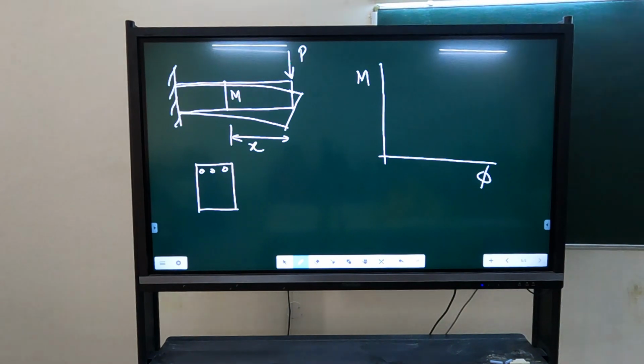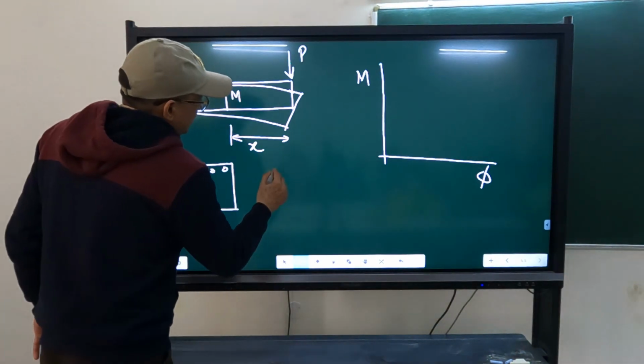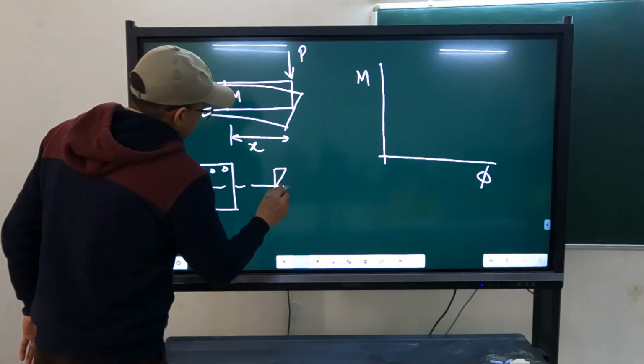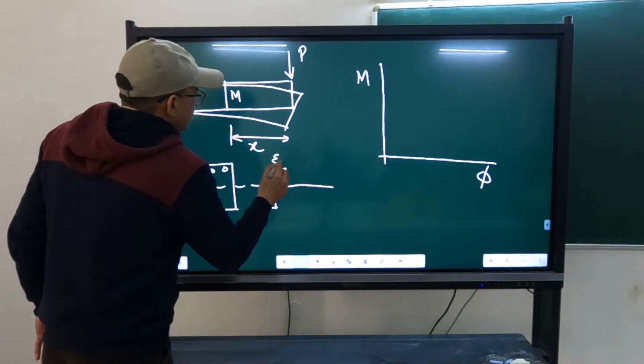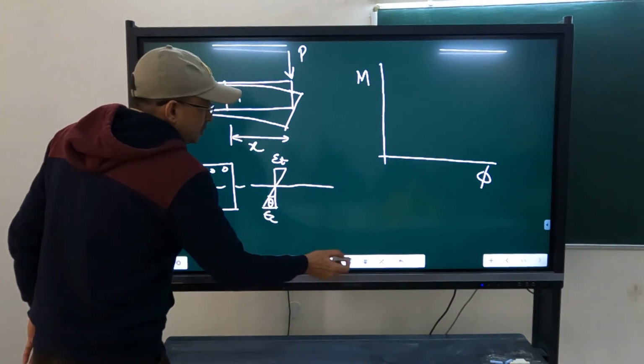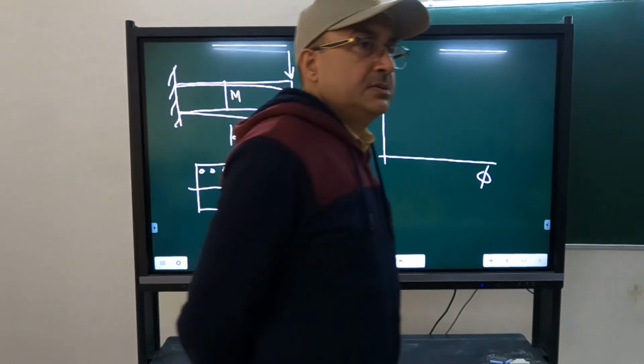How can I plot? If I plot the strain at this section at any instant, this will be epsilon t, this will be epsilon c, and I can get not theta but phi, curvature.